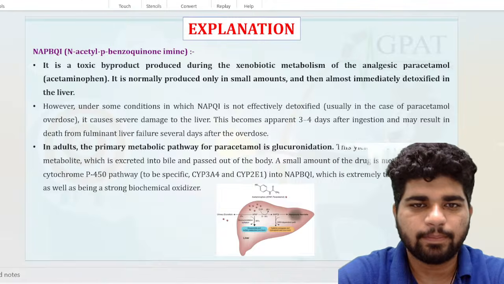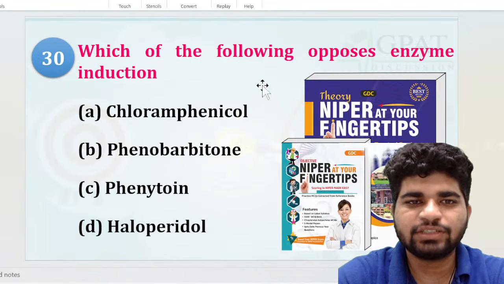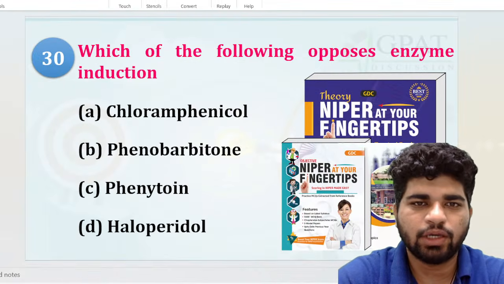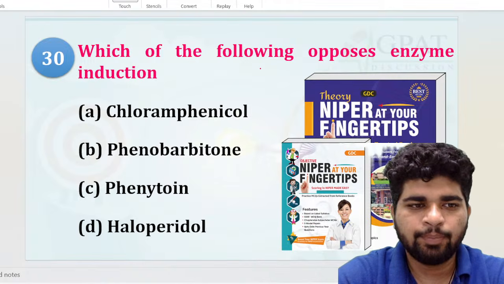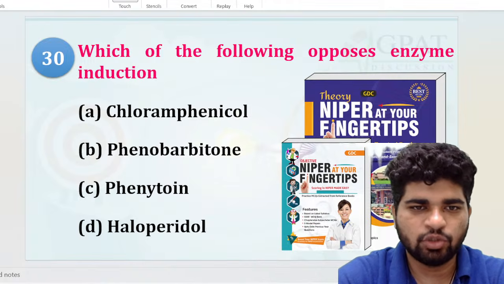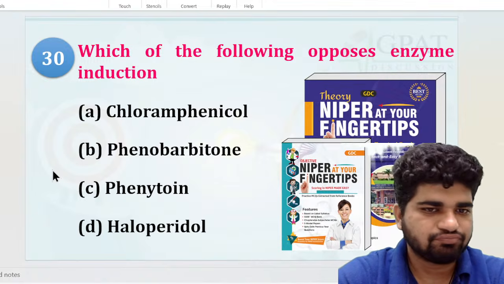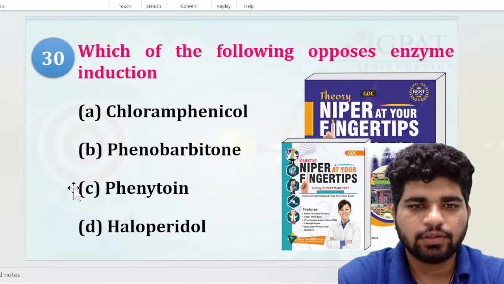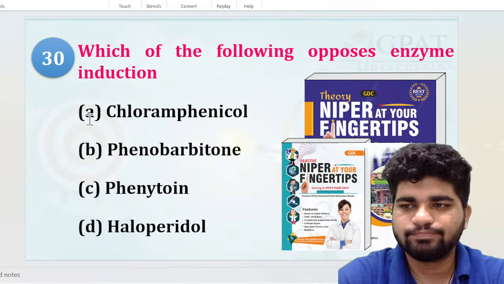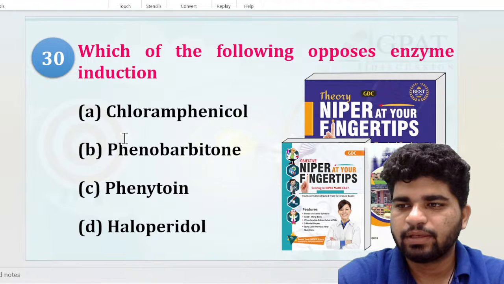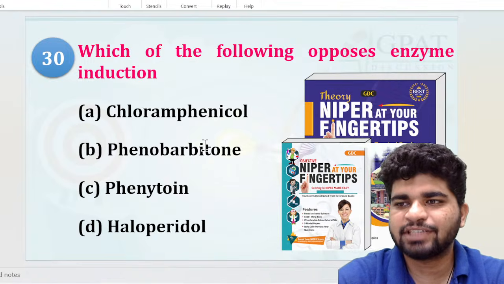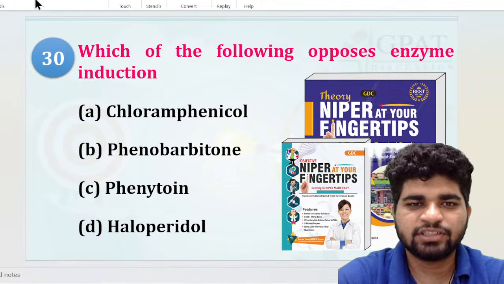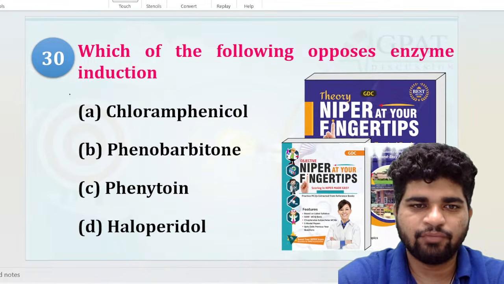Let's go on to a different one. Which of the following opposes enzyme induction? Is it chloramphenicol, phenobarbital, phenytoin, or haloperidol?